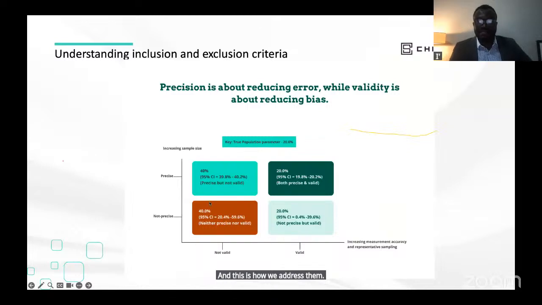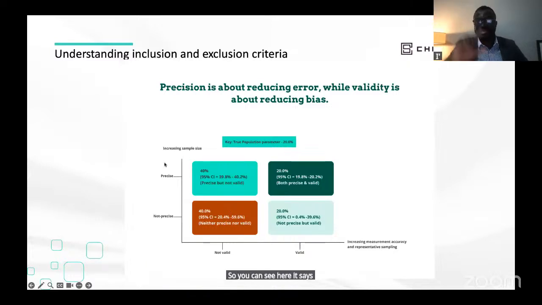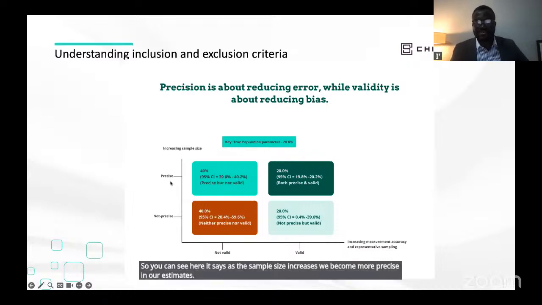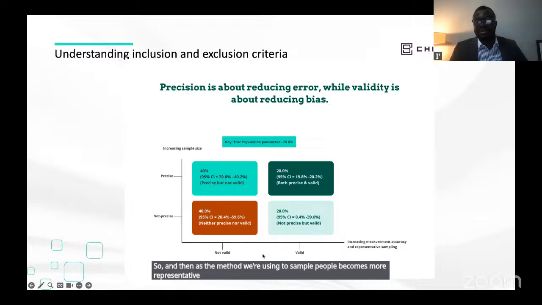So here you have two scales. One scale is talking about a scale for precision. The other is a scale for validity, right? So you can see here it says as the sample size increases, we become more precise in our estimates. And then as the method we're using to sample people becomes more representative, our estimates become more valid.